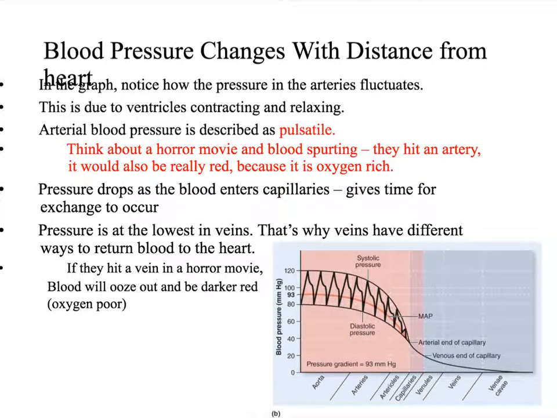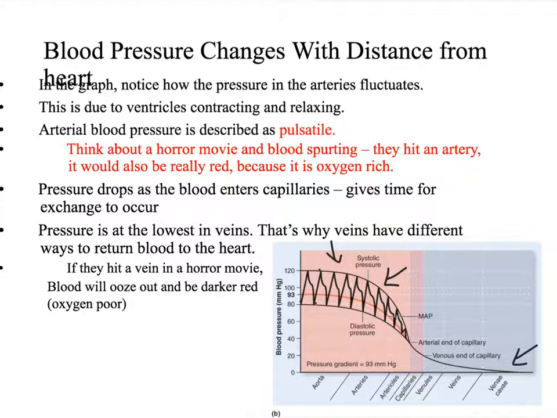This is an interesting example of what happens in your body. So in your arteries, the blood pressure is going to be much higher than it is in your veins. Okay, so one thing I want you to notice in this graph, the pressure fluctuates in arteries. It's going from 80 to 120, 80 to 120, 80 to 120.